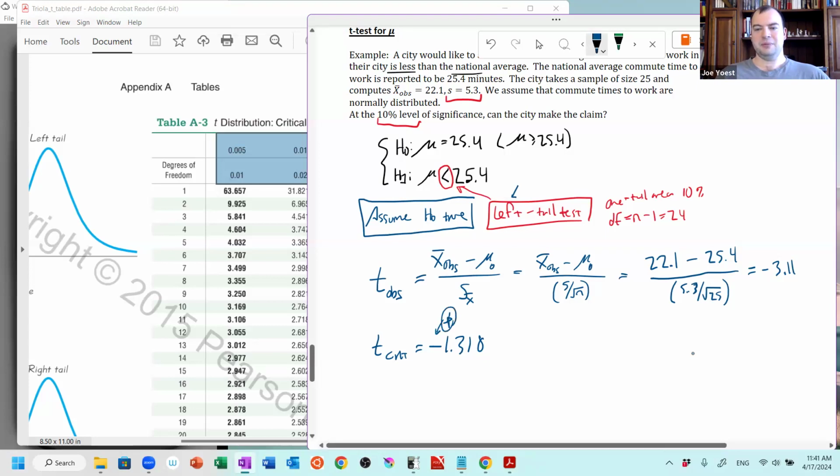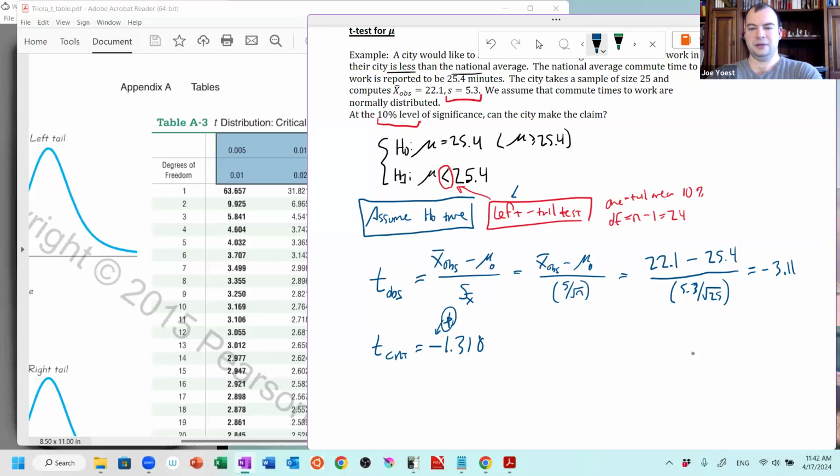But I just have to remember to insert that minus sign where it's needed. So my t critical here is negative 1.318. If I made that mistake and didn't put in the negative, I would basically always get a rejection, or I would think that I always got a rejection, and make a mistake. So negative 1.318 for t critical.